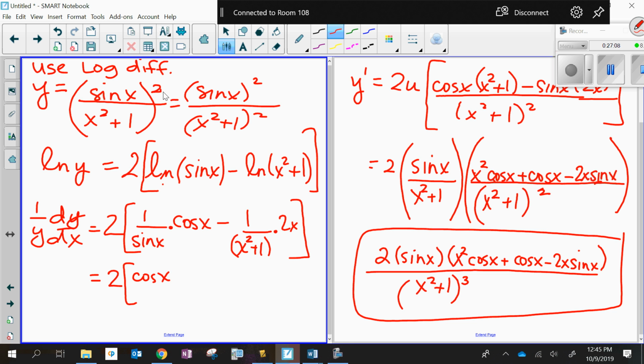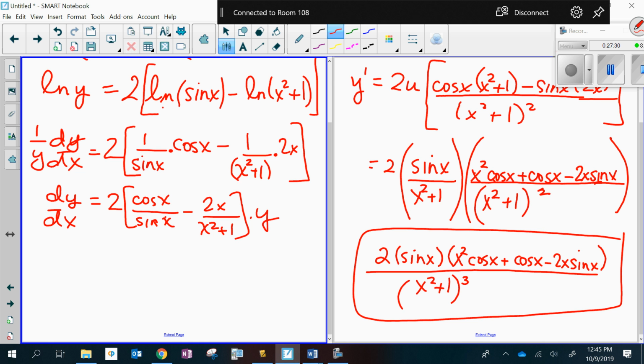I'm leaving them separate, which you probably did as cotangent, right? Okay, what am I doing? I was saying tangent. I'm going to leave them separate, and then we're going to multiply by y. And then we're going to put that y back.